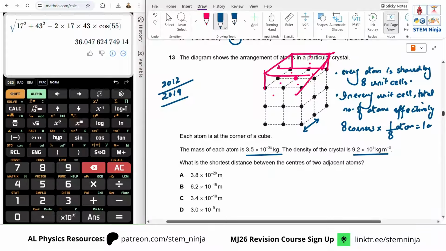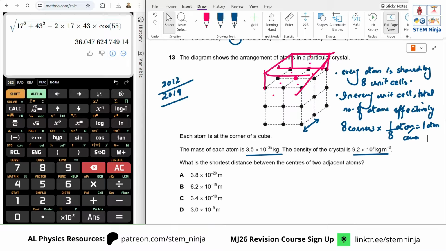So basically one atom per corner. So one atom is effectively present in one unit cell.